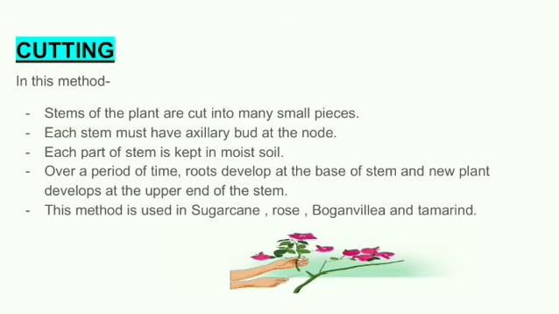After you cut the part of the stem, place that part in moist soil and leave it for a few days. After a few days, you will notice that the upper part of the stem has started growing as a shoot system, and the lower part of the stem will also develop roots.